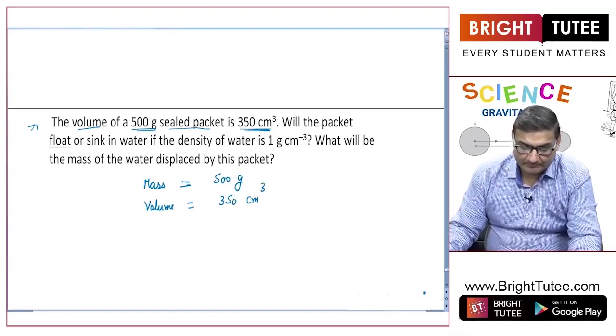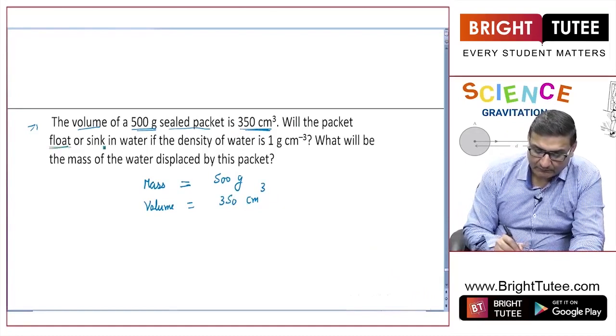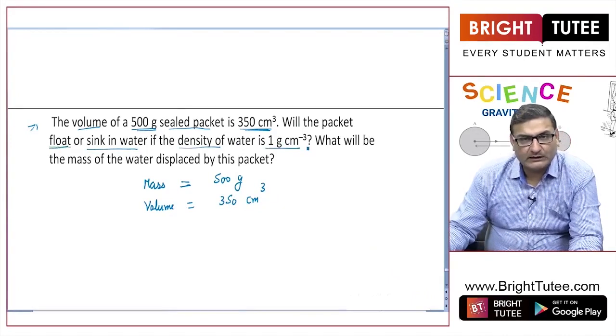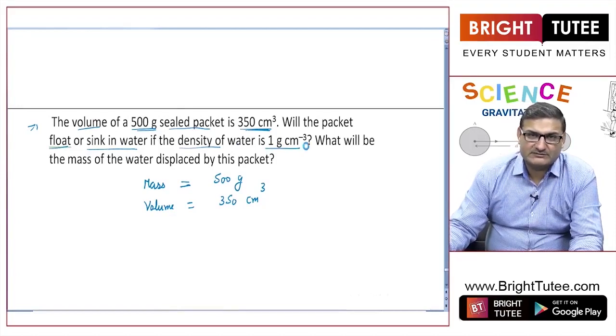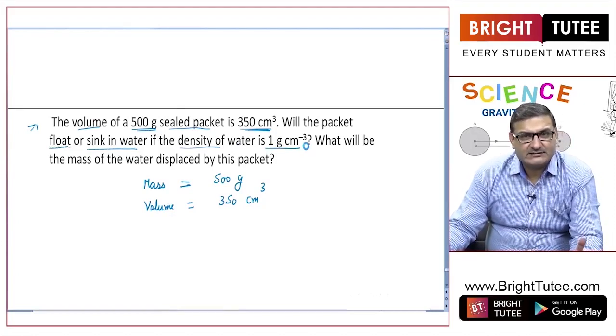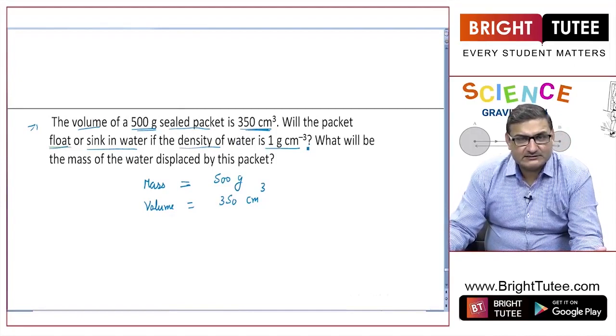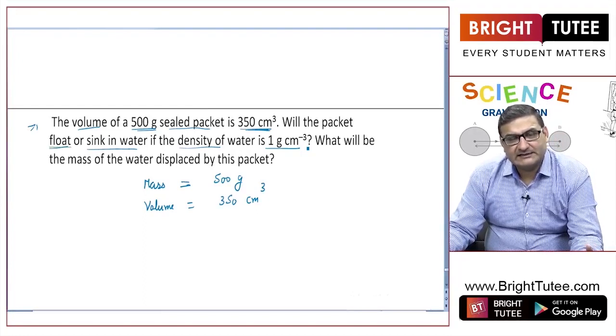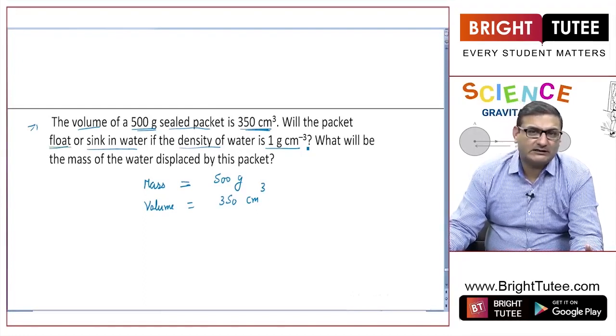Will the packet float or sink in water if the density of water is 1 gram per centimeter cube? Simply, we'll calculate the density, and the same concept as in the previous question applies: if the density comes out to be more than that of water, it will sink. Otherwise, if it is less than that of water, it will float.